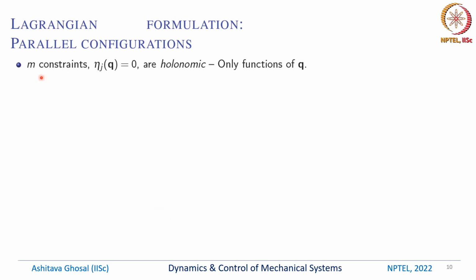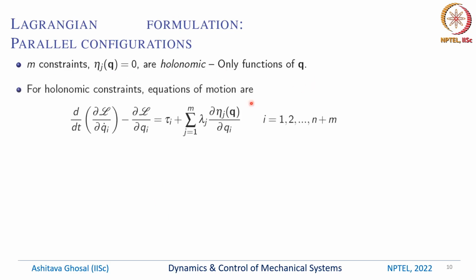So if these m constraints are holonomic, which means only functions of q, okay, then the equations of motion are given in this form, which is that you find the partial with respect to q_i dot, then take the time derivative, and then partial with respect to q_i, and then this is equal to tau_i, which is the joint torque, plus this term, which is the sum over j equals 1 through m of lambda_j times the partial of this loop closure constraint equation with q_i.